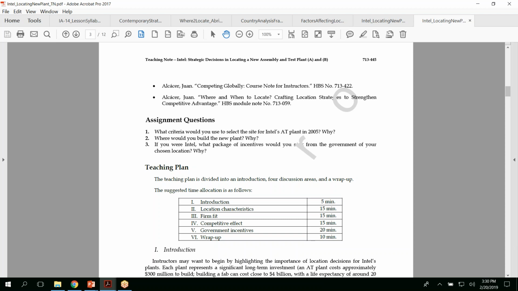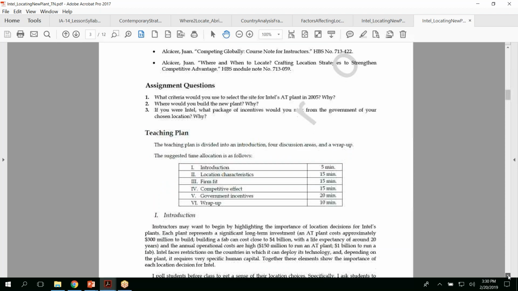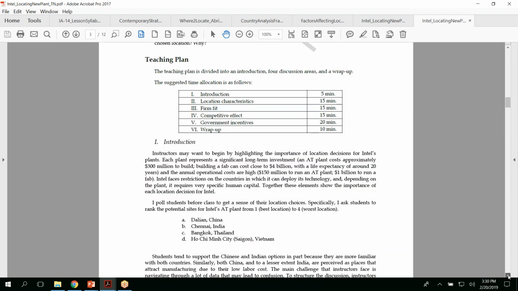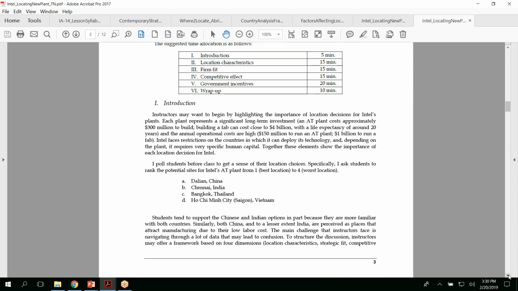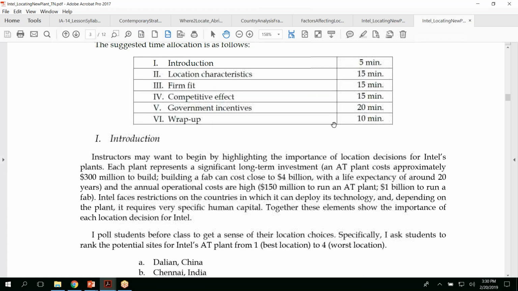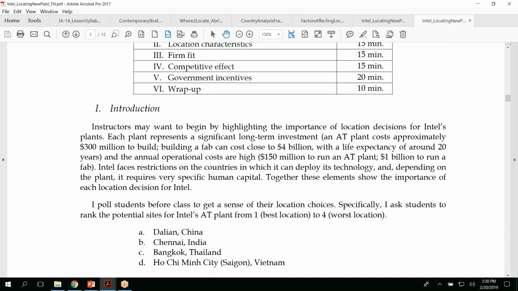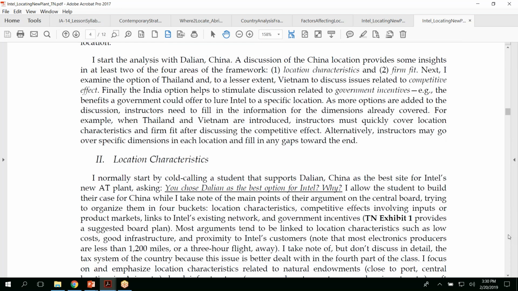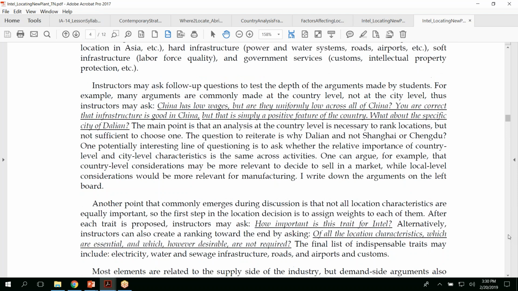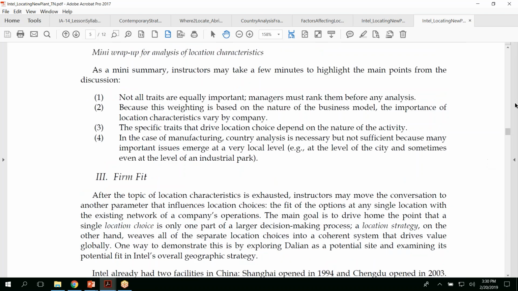Now, the thing about the discussion is that you're looking at 4 locations and 4 dimensions. So you could go location by location and analyze China thoroughly, then India, then Thailand. Or you could go dimension by dimension. You'll see the teaching note goes dimension by dimension: first location characteristics, then firm fit, then competitive effect.